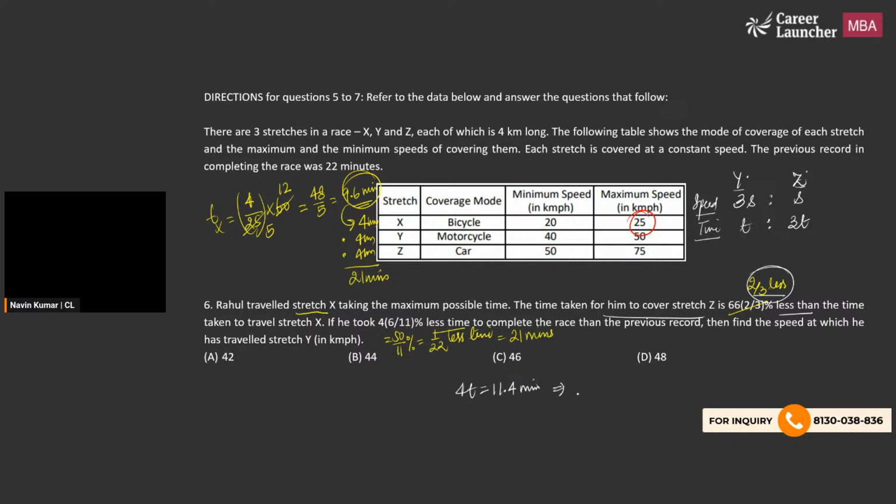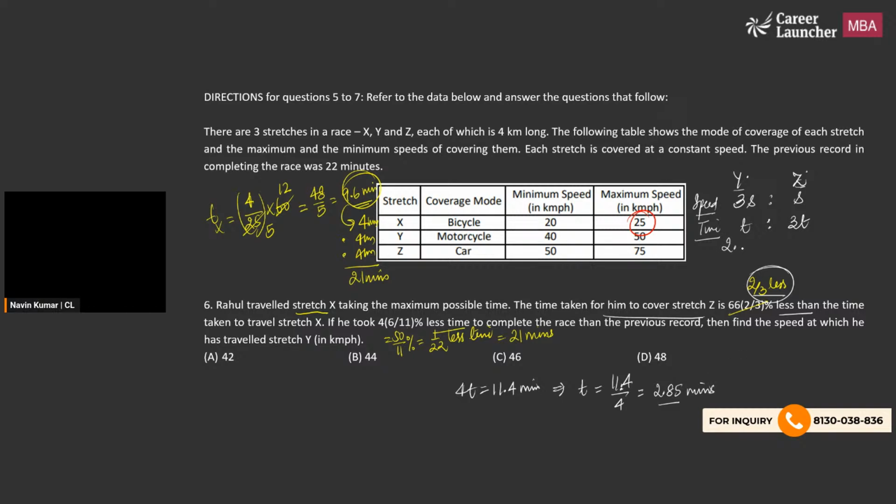So this is going to give us T is equal to 11.4 divided by 4, which is basically like saying 57, and then half of 57 is going to be 2.85. So T is 2.85 minutes.